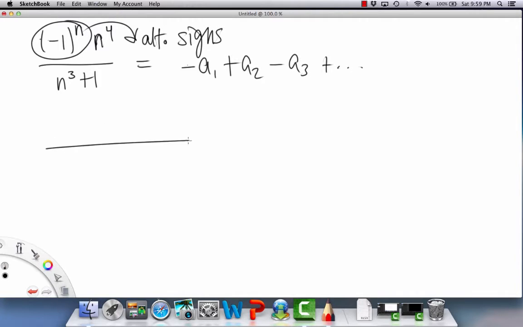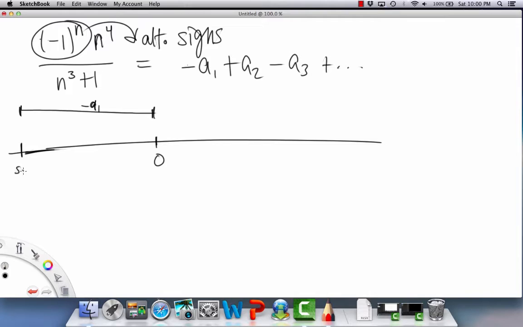But what this means graphically is that, let's say we start at 0 and then we subtract a1, so that'll be over here somewhere. a1 is a positive value, but the negative just indicates direction, so we're going to the left. So this is our s sub 1. We said before that a1 is 1/2 and a2 equals 16 over 9.